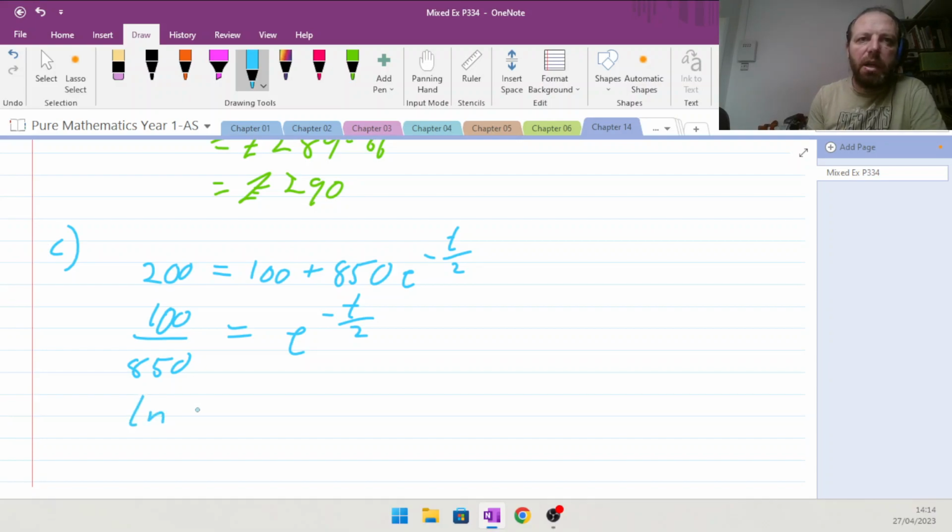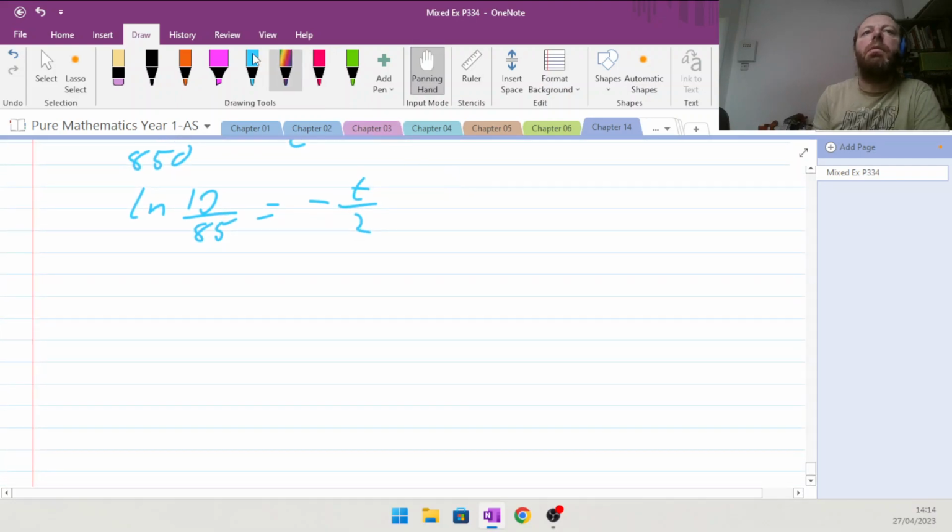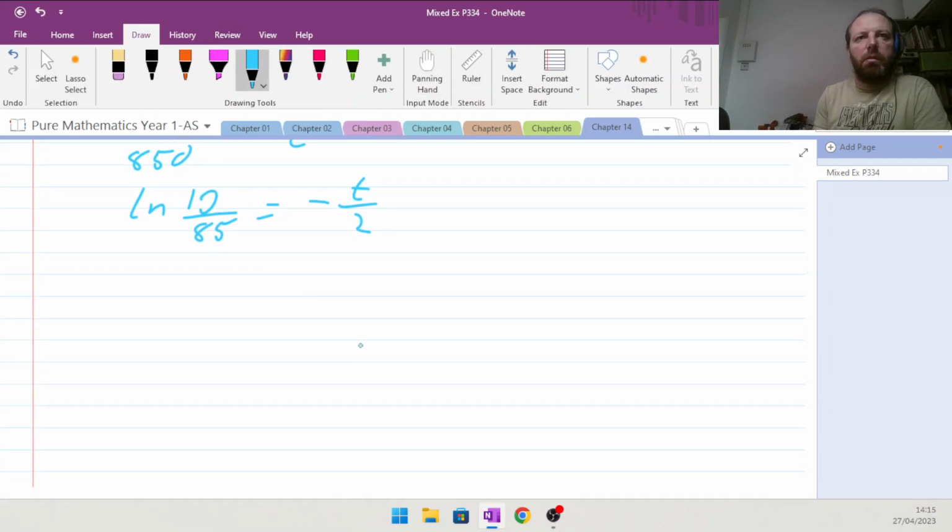So we've got the ln of 10 over 85 equals minus t over 2. Multiply it all by 2. In fact, minus 2 I think we will be going for on there.